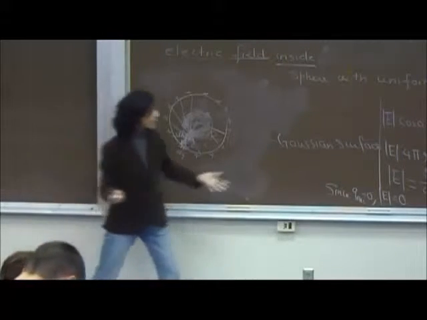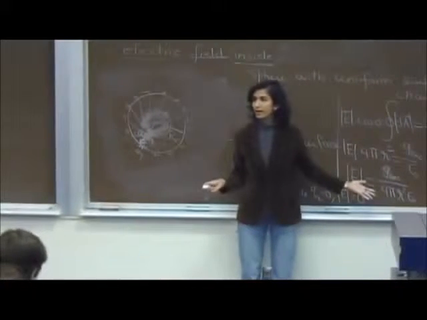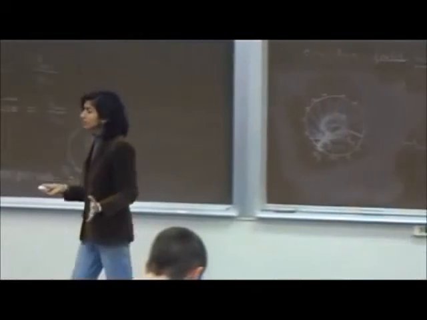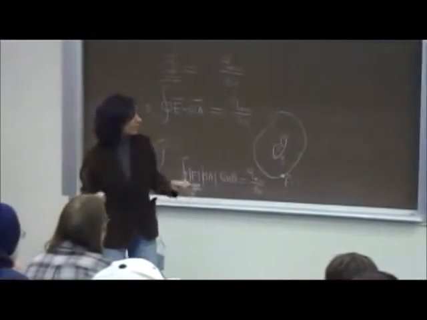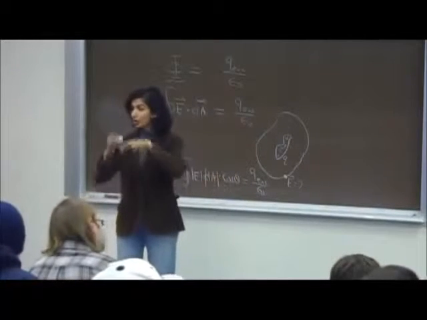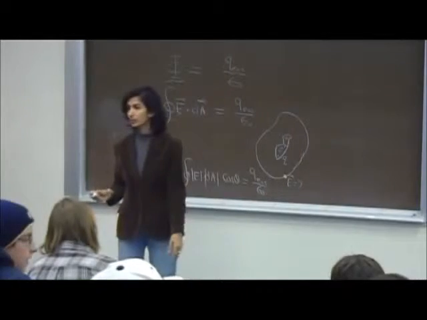But Gauss's law is showing it has to be. There's no other way. It's such a beautiful argument based upon symmetry that the electric field everywhere inside a sphere of charge on which charges are distributed uniformly on the surface must be 0.